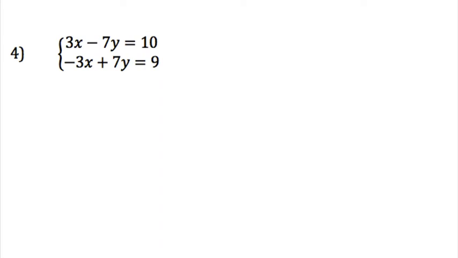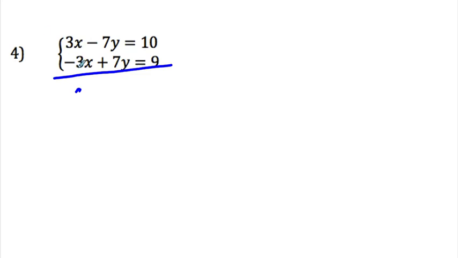Problems 4 and 5, 2 more left to go here. Now, I wanted to throw in one of these problems to show you something that we've already talked about. Hopefully you recognize it, but what happens when we add these columns together?